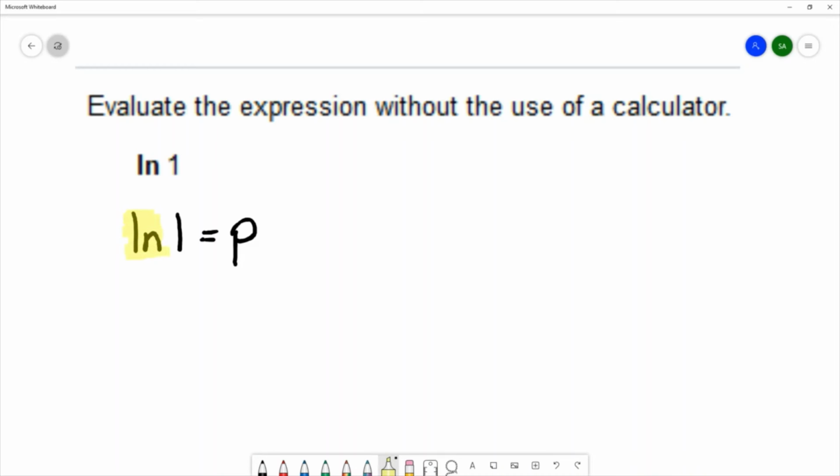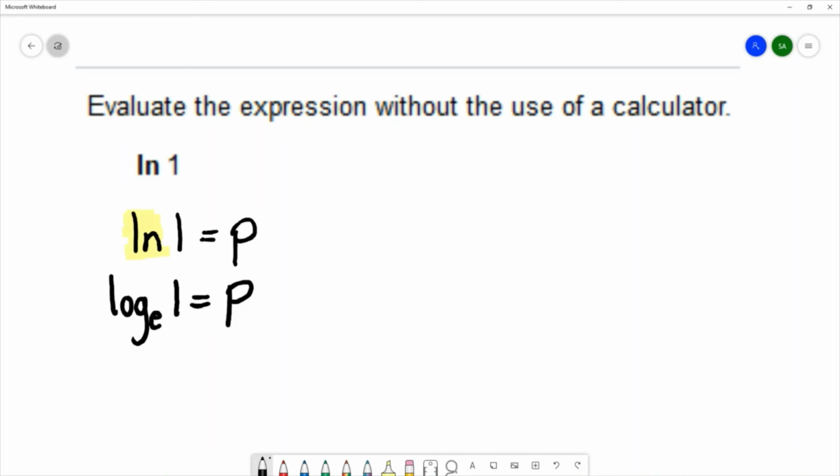Natural log, ln is natural log, and the meaning of that is log with the natural base e. So when I see the symbols natural log, ln, the meaning is log base e. So now I know that this is log base e.